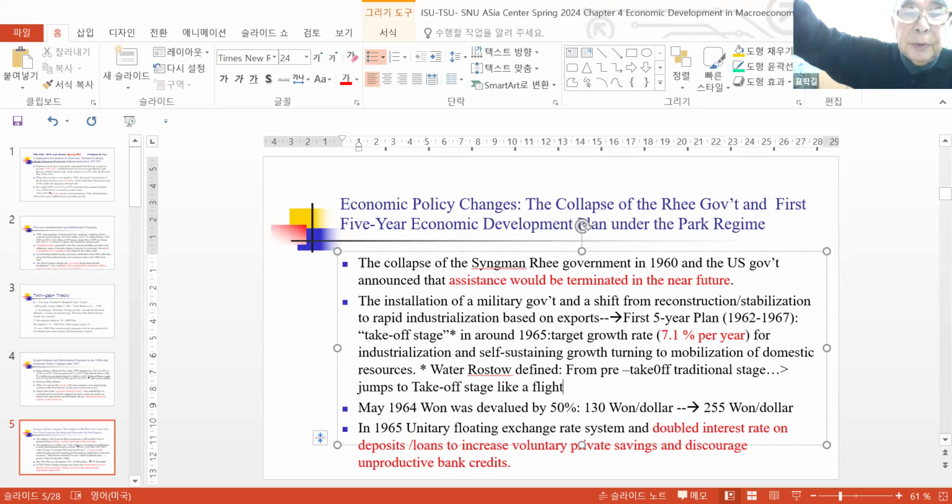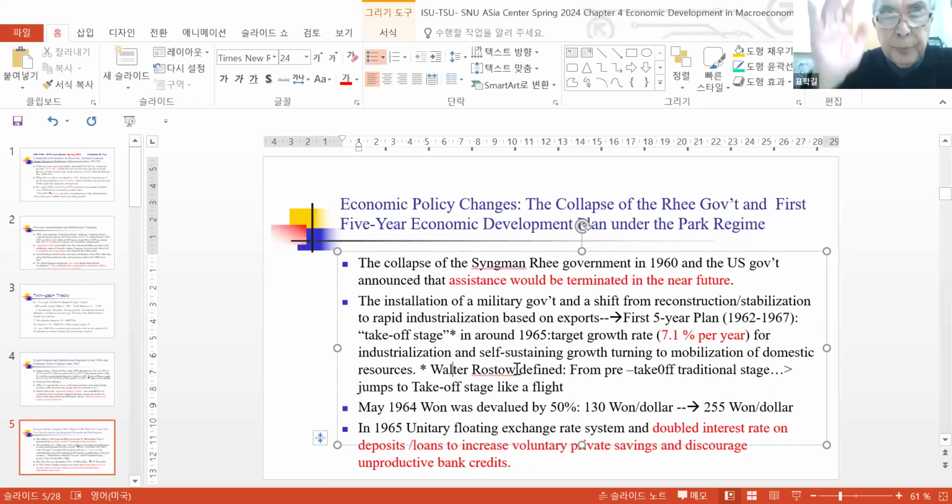And economic historians, Walter Rostow, kind of people, found, strangely enough, normal economic conditions do not guarantee takeoff stage.